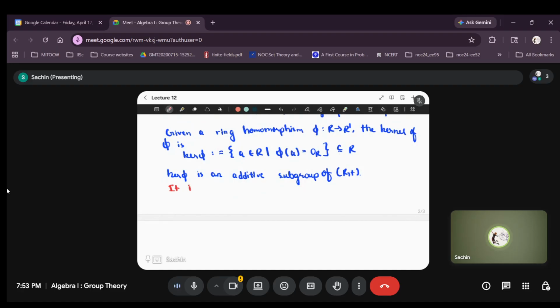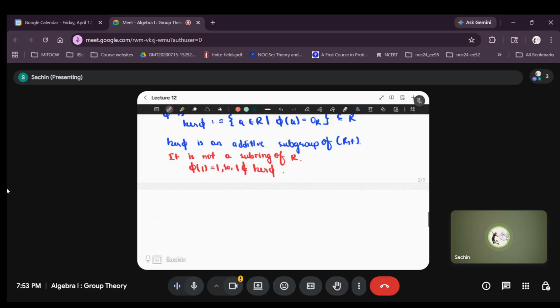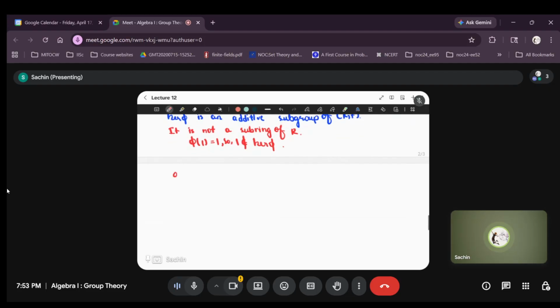The useful property is this. Suppose a belongs to the kernel. Some element is in the kernel. The kernel is a subset of R, right? The domain.